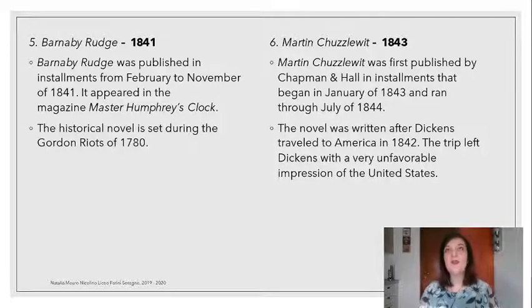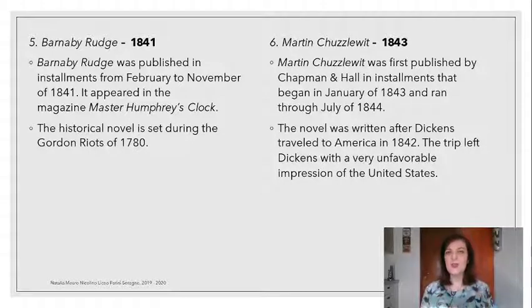It was published in 1843, once again in installments. And this novel was written when he and his family went back to Britain from the United States of America in 1842.